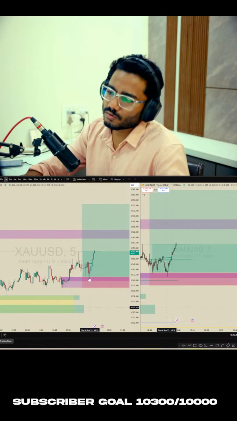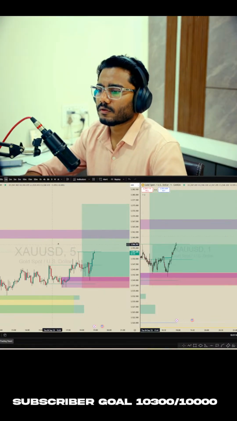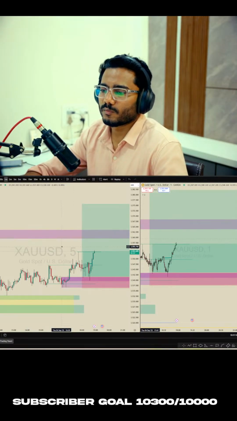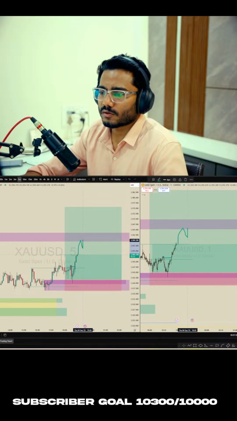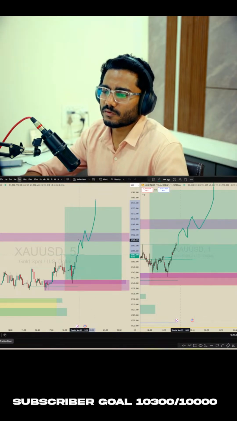Next entry for gold, I think it will be from here only. We'll get some reaction from this order block. Then we can retest from this.